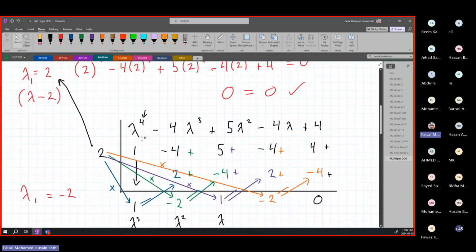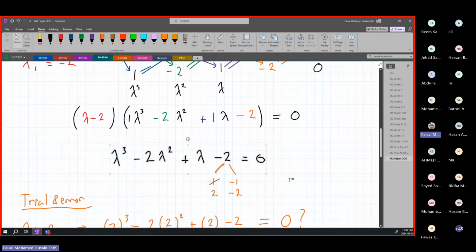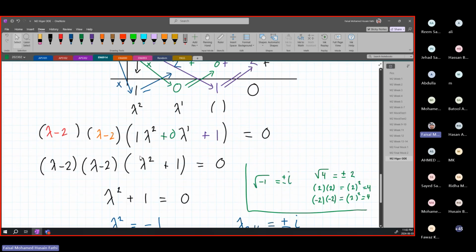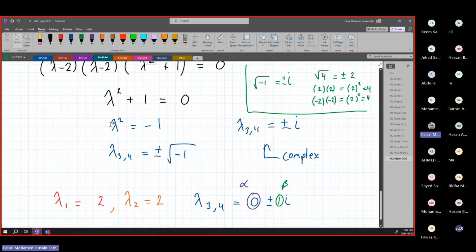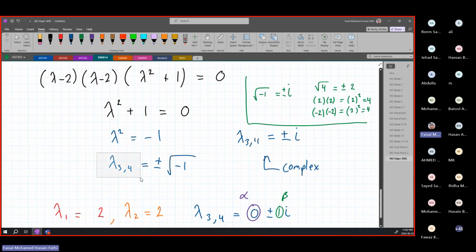If it was a third order, like in the case over here, this is going to have 3 total roots. So what are we doing? We are removing one root so we can make it simpler and then find the remaining roots. So down here, now we have only 2 roots remaining inside of this because it is power 2. So when we are simplifying this, we do the square root, we are going to find 2 roots of lambda.